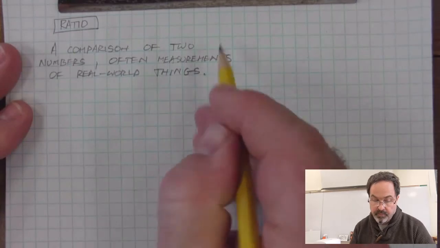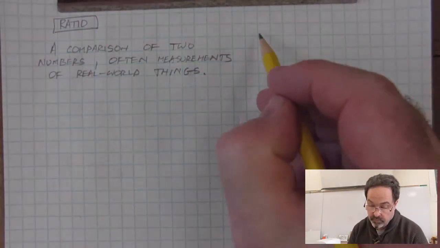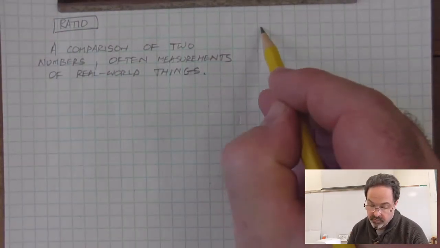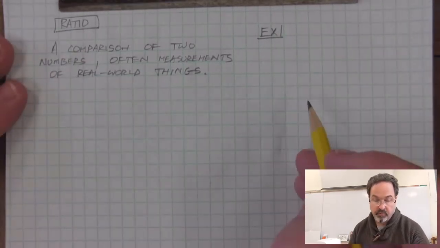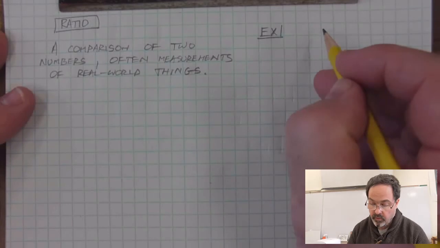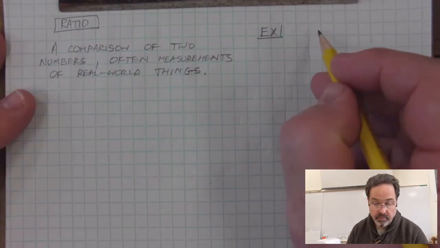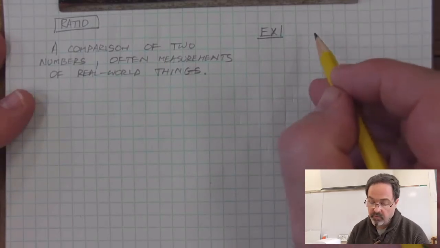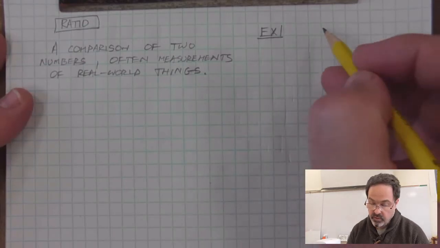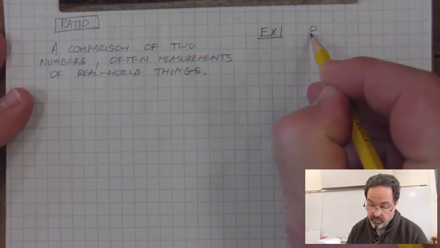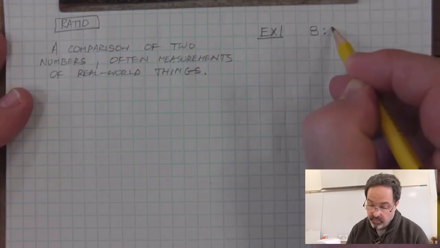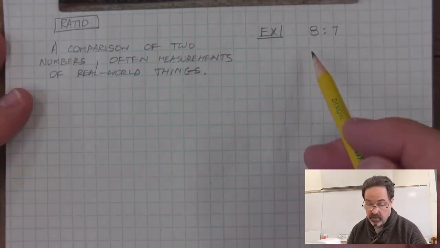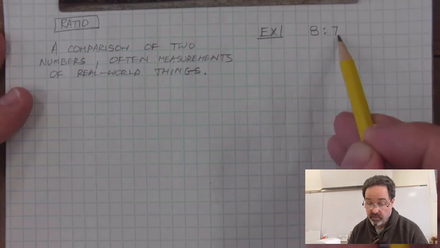A ratio is a comparison of numbers, and we can express that comparison in a variety of ways. For example, if there were 15 people in a room and you counted the number of people with hats, you can compare the number of people with hats to the number of people that do not as a ratio, comparing 8 with 7.